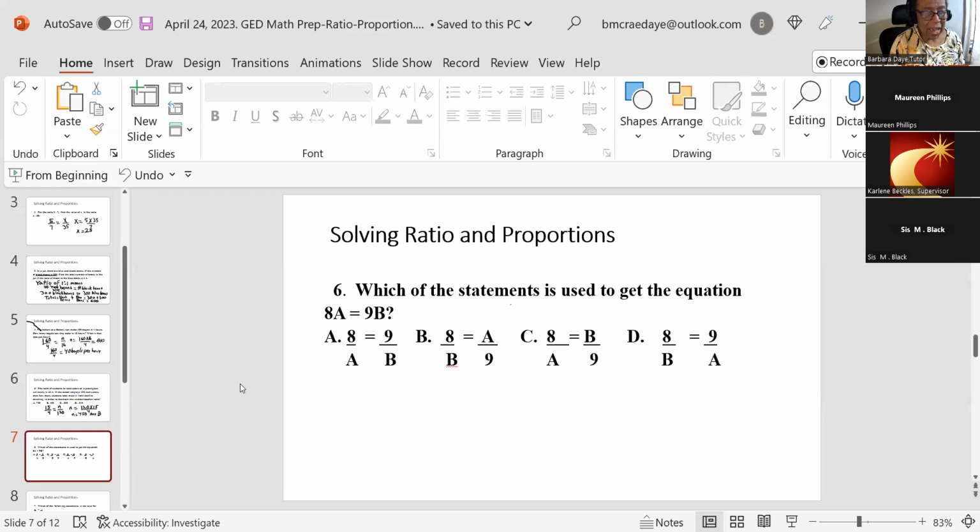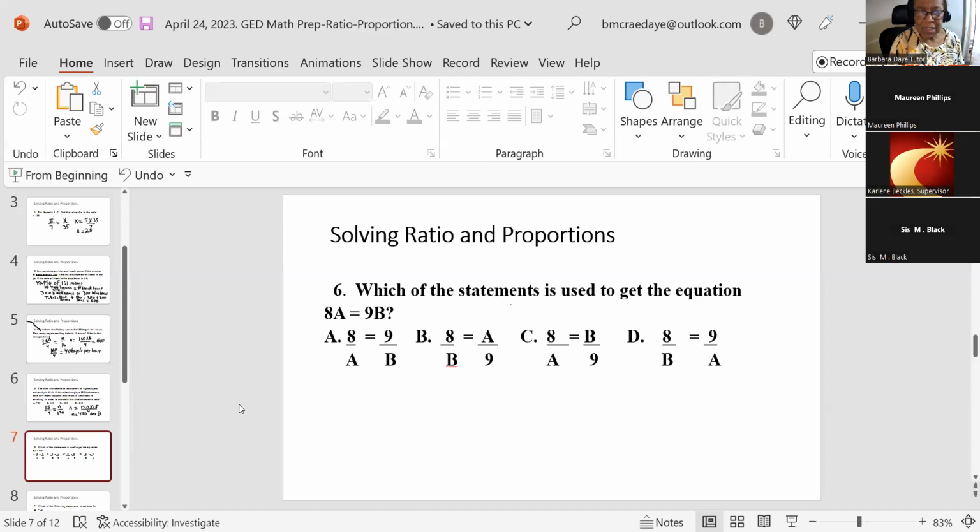Now 8a means 8 times a, 9b means 9 times b. So which one of these do you cross multiply and get 8 times a equals 9 times b? Which one, Maureen? D? D, that's right.